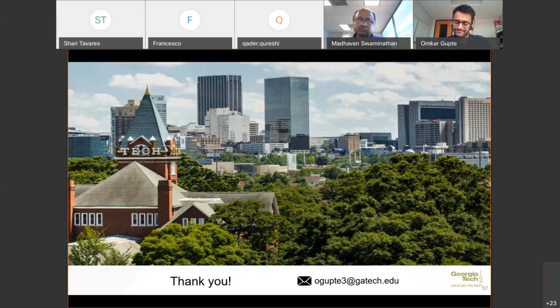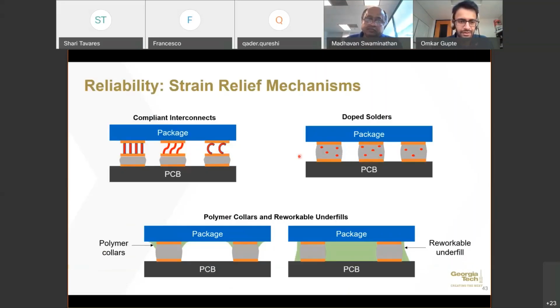With the compliant interconnections as well, as I can bring out the slide, they are more on the package substrate, between the package and the solder ball itself.